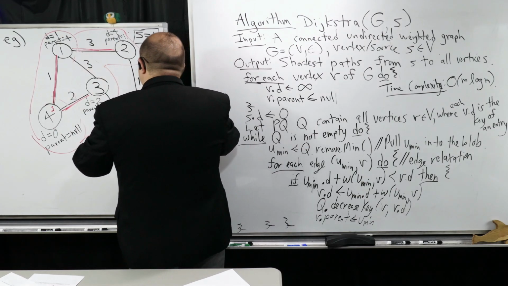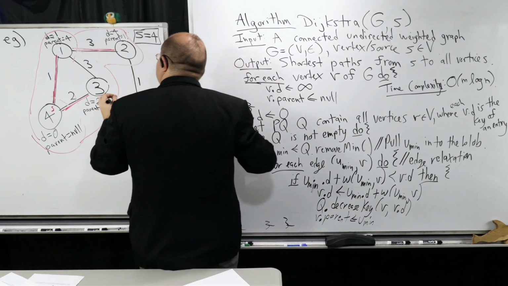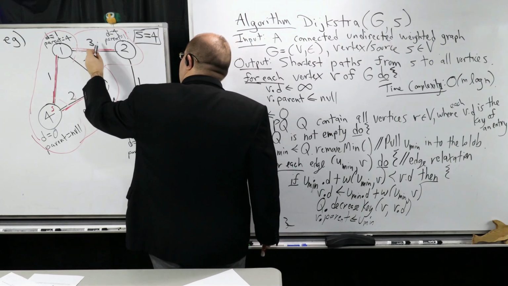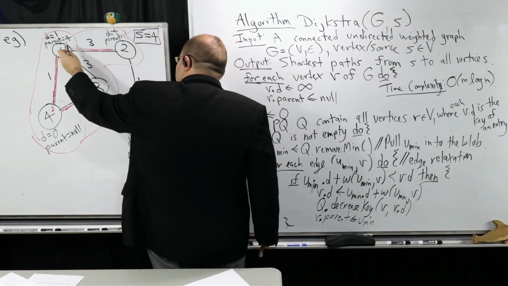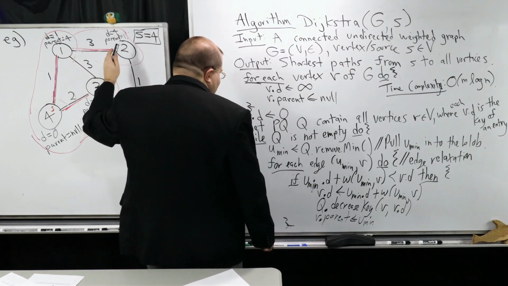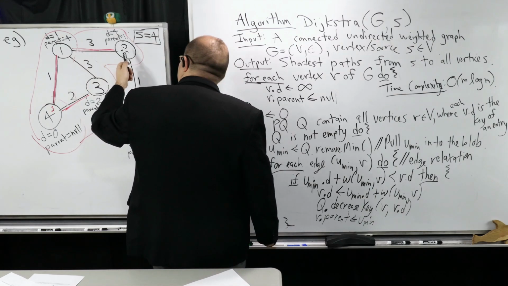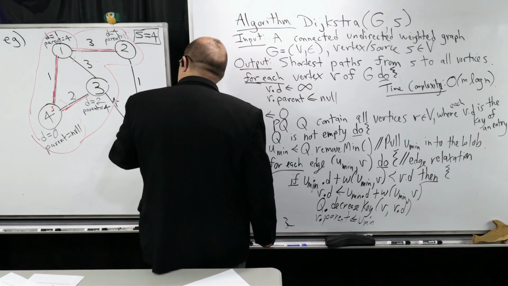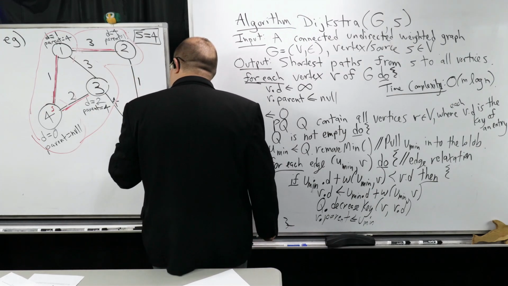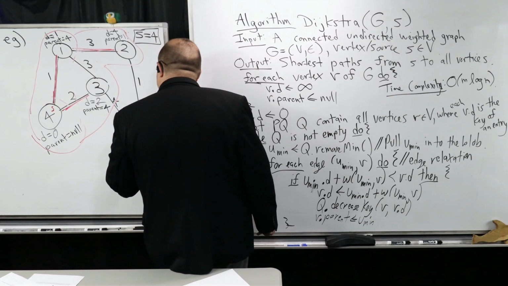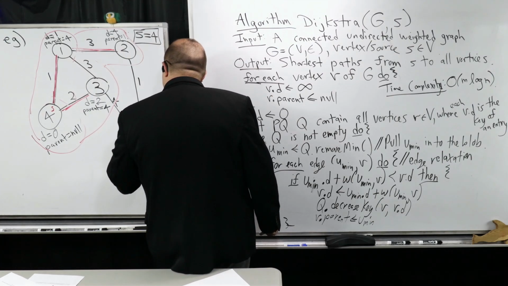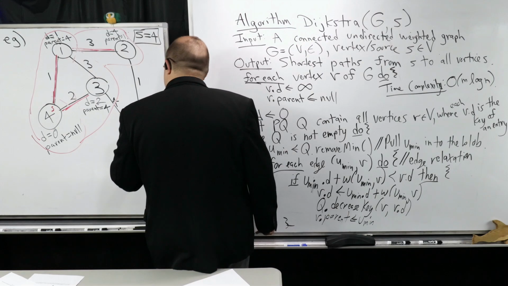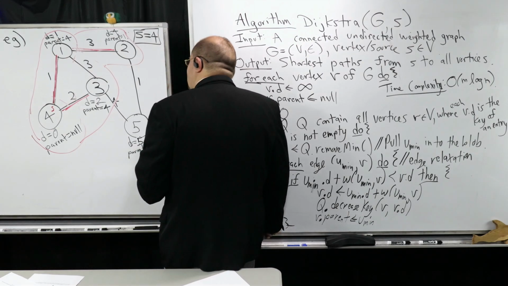And then at last, we check all the incident edges. So notice that I have 4 plus 3 is 7. That's bigger than 1. Don't do anything with that. And then next we have 1 plus 4 is 5. That's less than 6. So I'm going to relax this edge, this one right here. Its parent is going to be updated to 2.